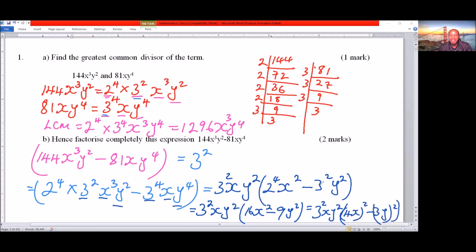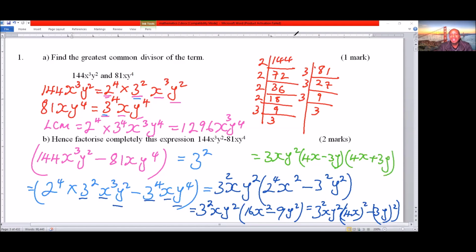So that's a difference of 2 squares, which we can now write as 3x y squared. The difference of 2 squares will give us 4x minus 3y, and in the bracket 4x plus 3y.